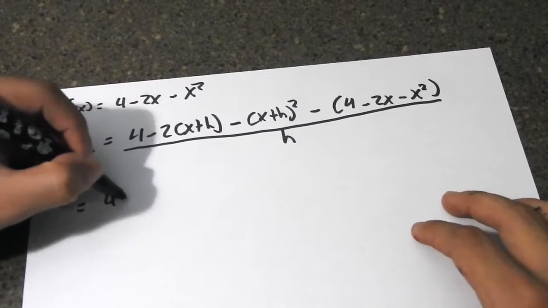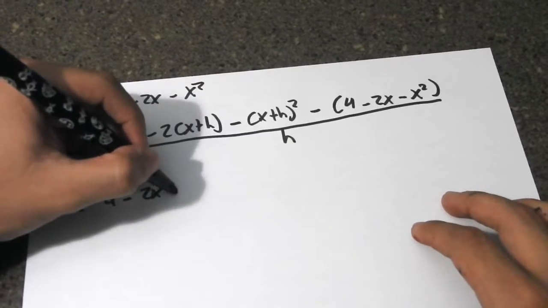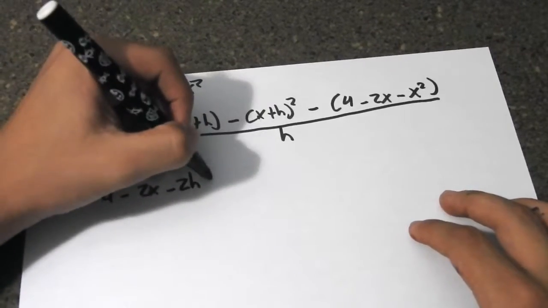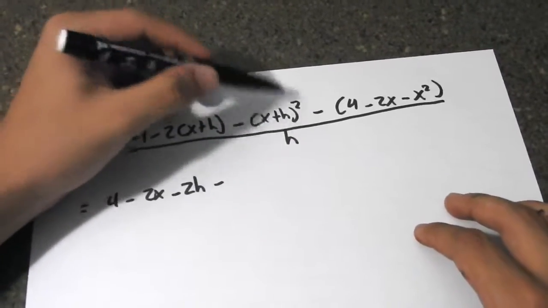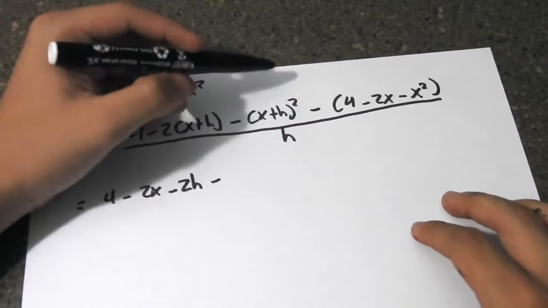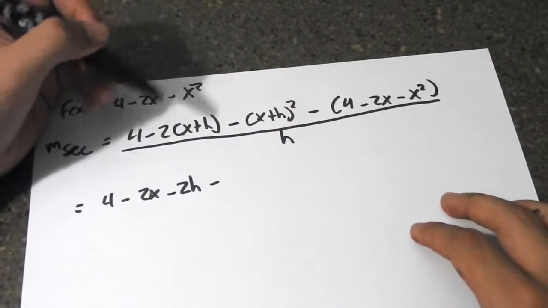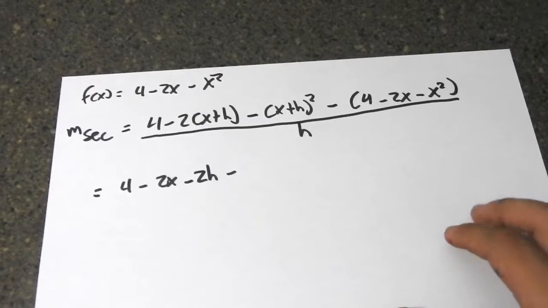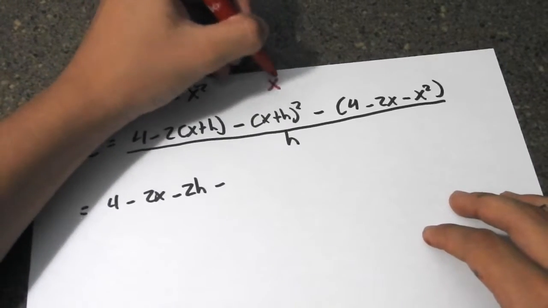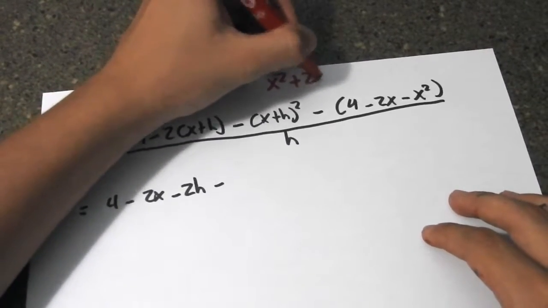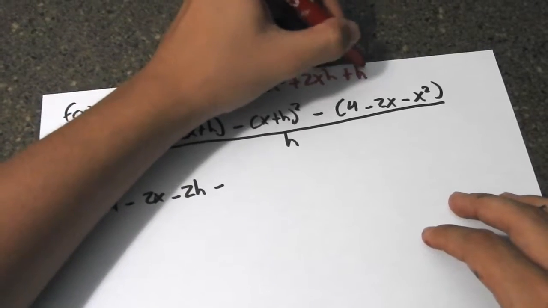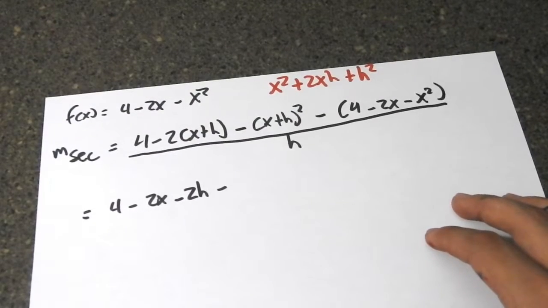Now we have 4 minus 2x minus 2h minus, this is a binomial elevated to the square. You should know the expansion, but I'll write it anyways. Here we have x squared plus 2xh plus h squared. This is the expansion.